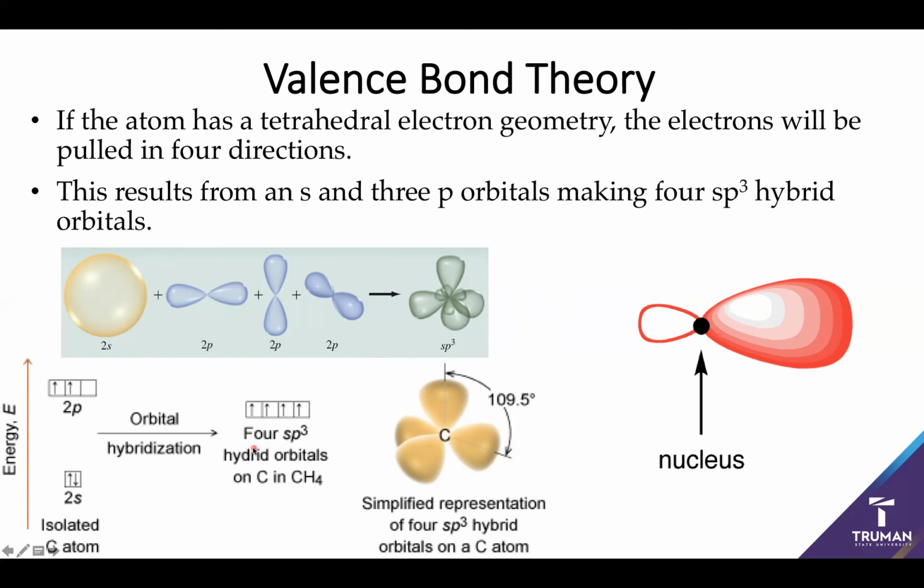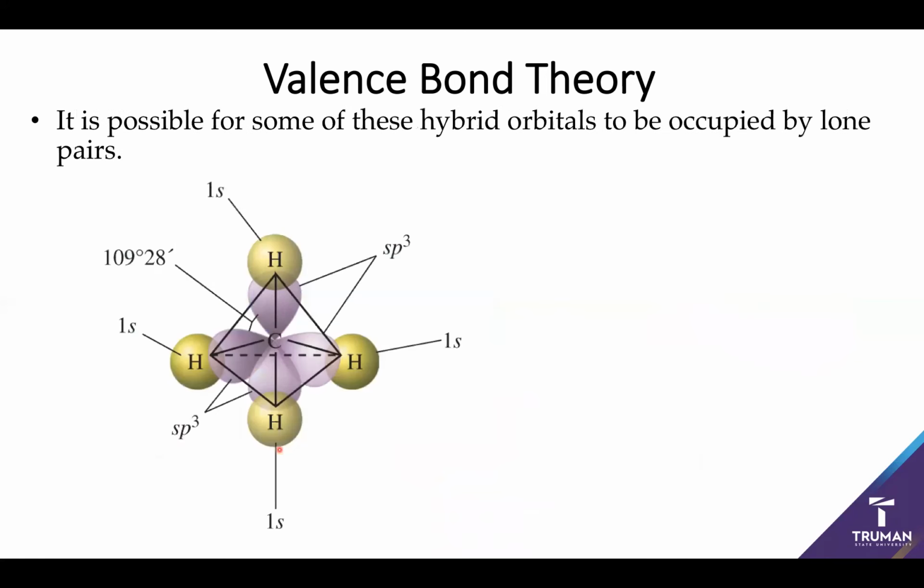And this is going to be the type of orbitals that form such classic molecules as methane and most of our organic chemistry molecules, because anytime I have 4 bonds, I'm going to have this tetrahedral electronic geometry and thus sp3 orbitals. So these show up all over the place in chemistry. And so I can either have these sp3 orbitals overlap with, say, a 1s orbital to make a carbon-hydrogen bond, or another sp3 orbital if I'm making a carbon-carbon bond.